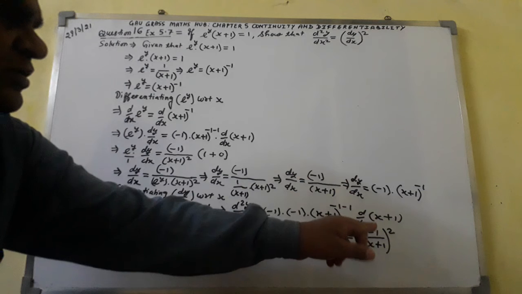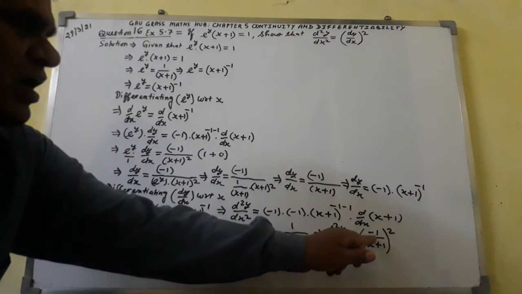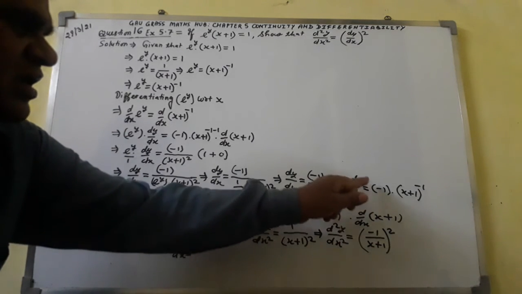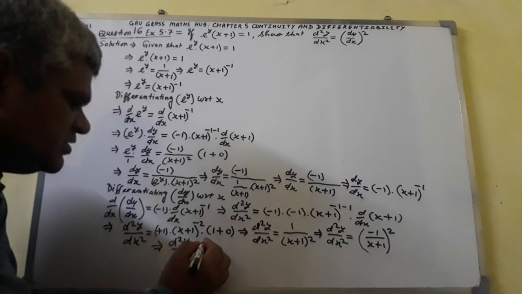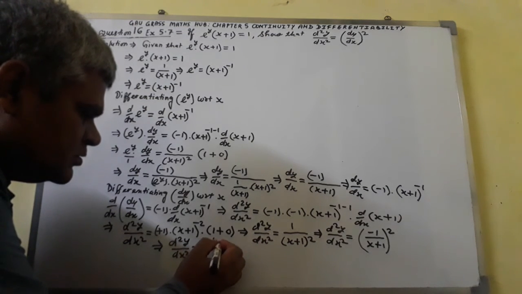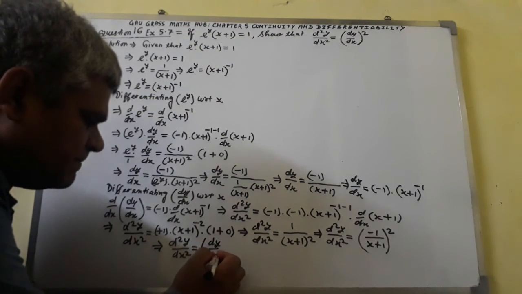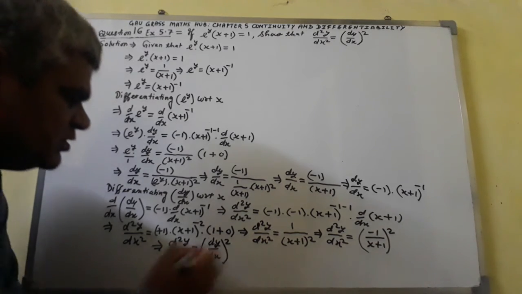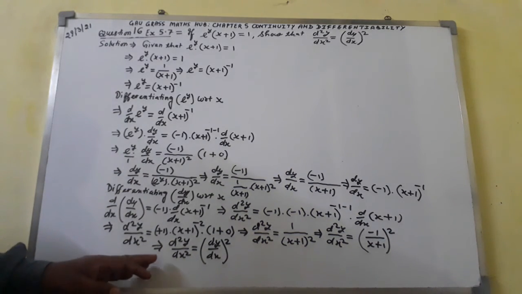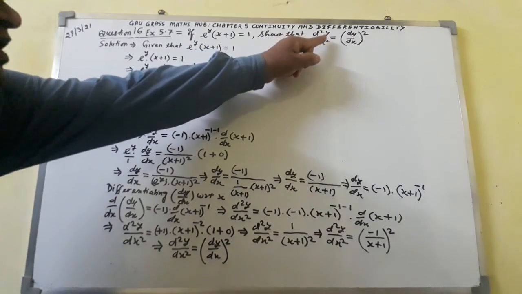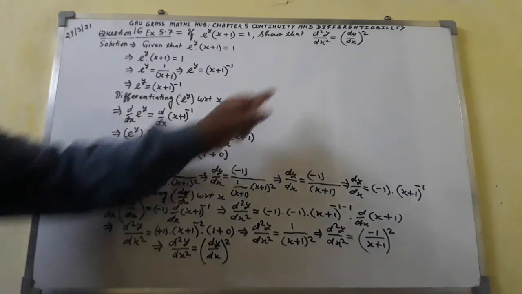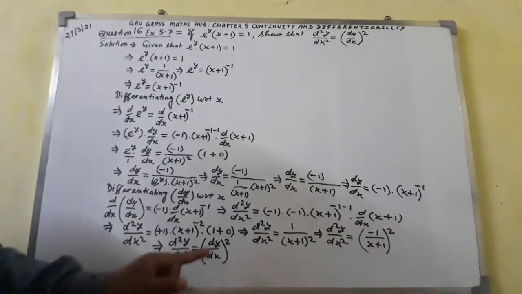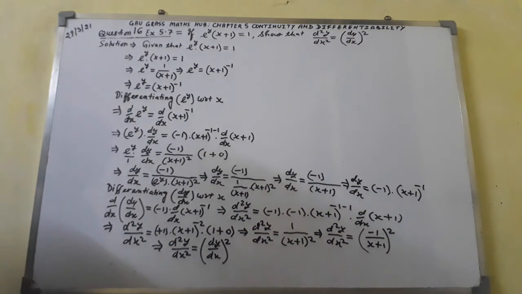So in place of minus 1 over x plus 1 I shall write dy over dx. So here d square y over dx square equal to dy over dx whole square we have got.